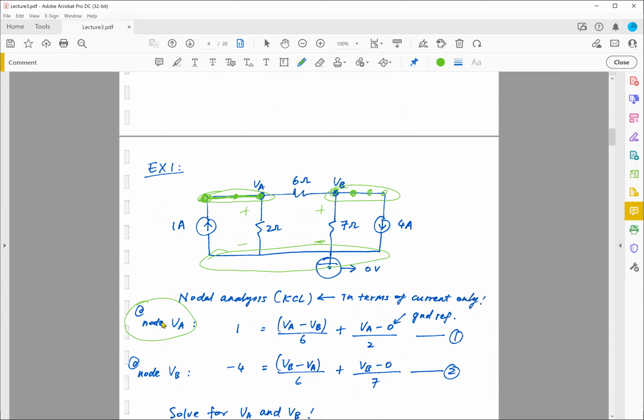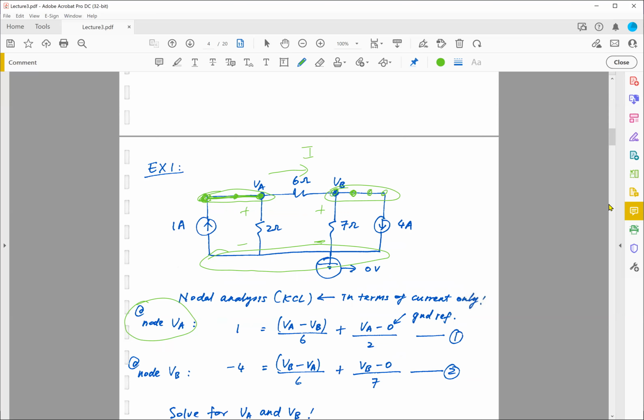So at node A, if I assume the current is flowing out of the node, then the current flowing out of the node, for example this current going to the right, is going to be the voltage drop across this 6 ohm resistor divided by the 6 ohm resistor.